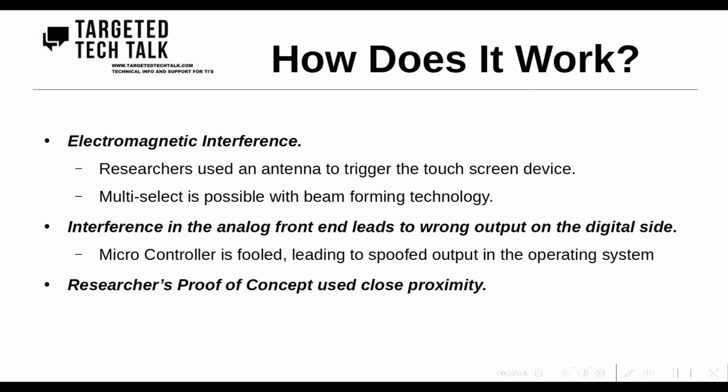So it is fooling that analog component that reads the touch with this technique with the antennas. The researchers' proof of concept used this technique in very close proximity. I believe this exists for some of us in the targeted individual community at much longer distances.